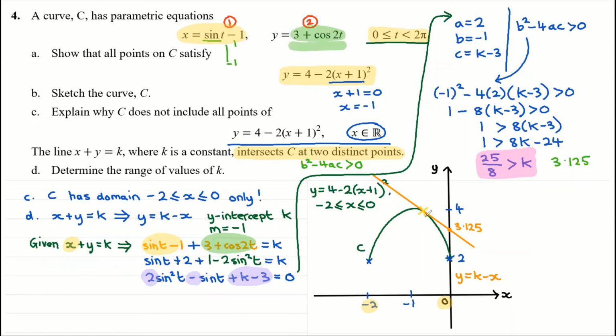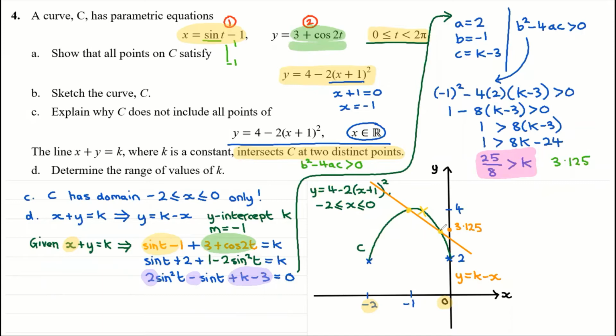Now you'll notice if I move this line down, so if I reduce my value of k from that point, I don't have one point of contact anymore, I have two. So if I take that point, for example, I've got a point of contact here and a point of contact here.